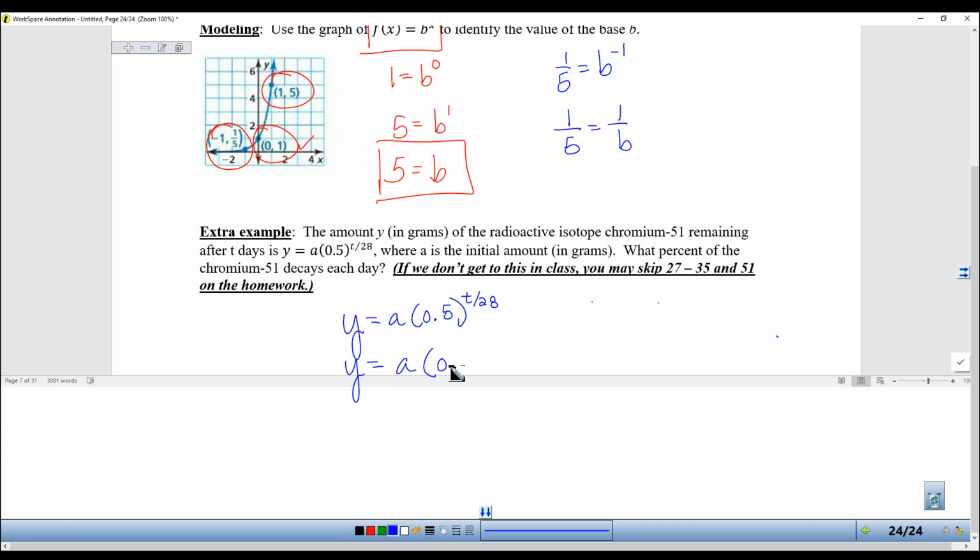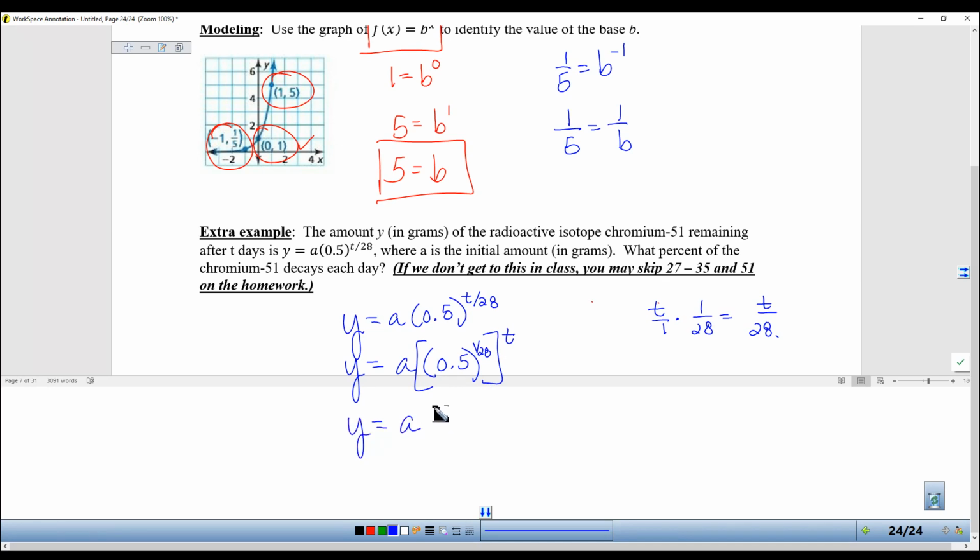We're going to change this to 0.5 to the 1 over 28 and then raise that to the t, something we don't normally do. I'm splitting these up. But now that I've done it, can you see how that would work? Because if you have a power to a power, you multiply them. And t over 1 times 1 over 28 is t over 28. So I've separated them back out.